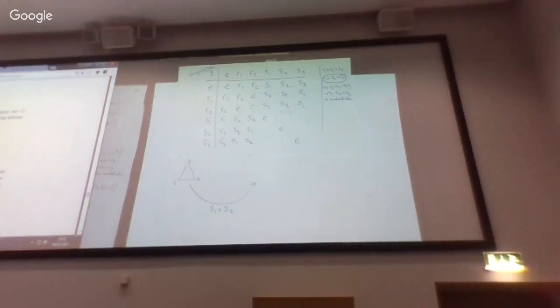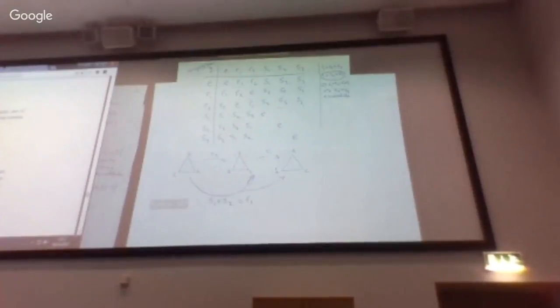Which rotation did you obtain? Anybody? So you've got R1 down here. R2. R1. Any more? R1. Yeah, so I think R1 is correct.